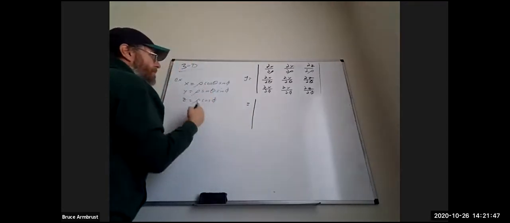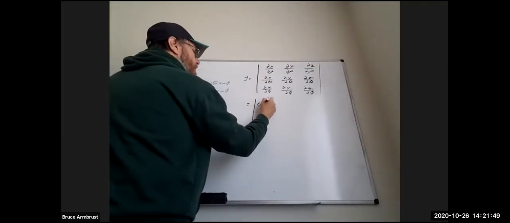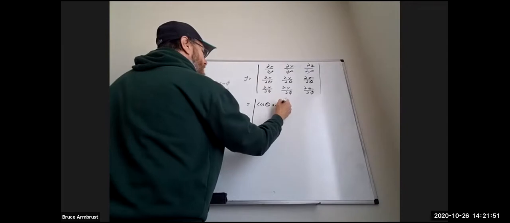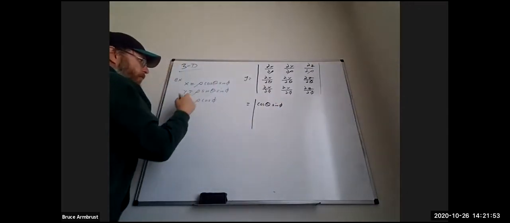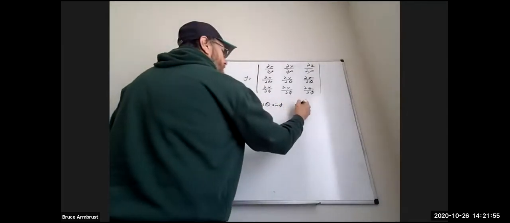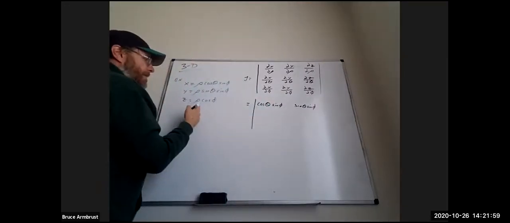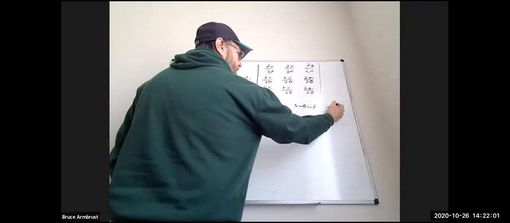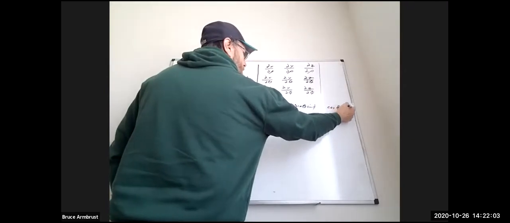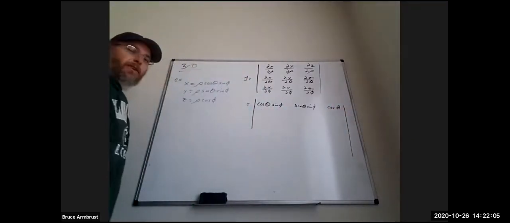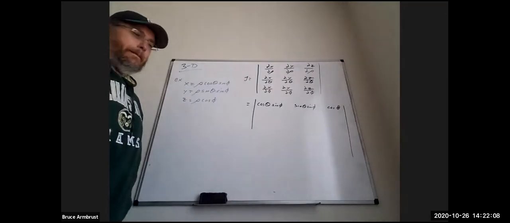So dx d rho is going to be cosine theta sine phi. dy d rho, sine theta sine phi. And dz d rho is cosine phi. So there's the first row of this matrix.